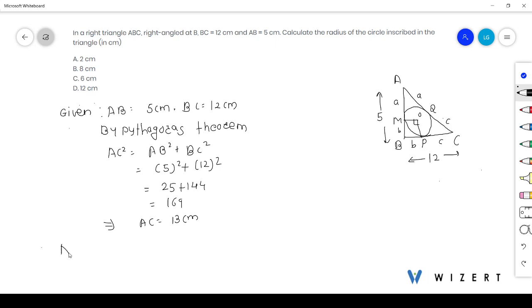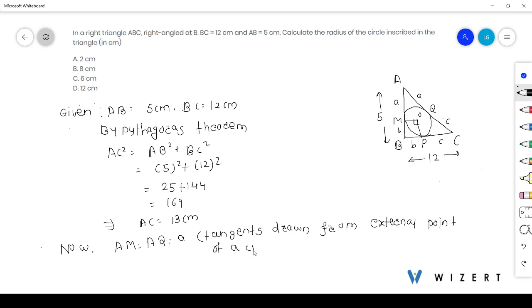Now AM equals AQ equals A. This is because tangents drawn from an external point of a circle are of equal lengths.